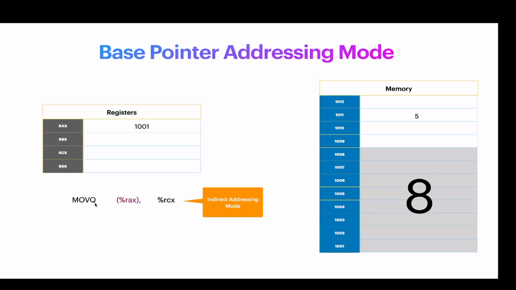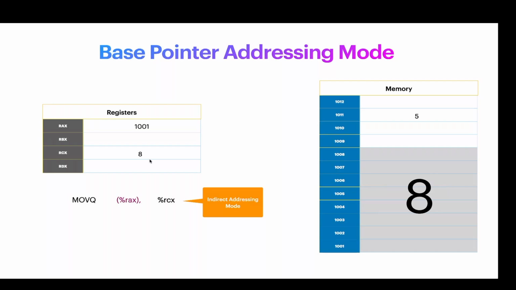That's what the indirect addressing mode says. So if I execute this instruction, the CPU will look into the RAX register, which is 1001. Since it's an indirect addressing mode, it goes to 1001, looks inside the contents, which is number 8, because I'm accessing 8 bytes, and then moves this 8 to RCX. That is indirect addressing mode.